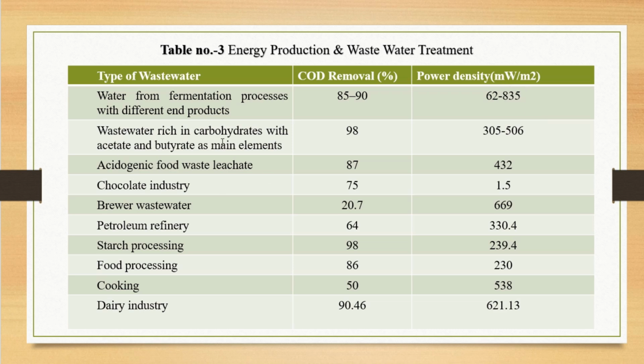Wastewater rich in carbohydrates with acetate and butyrate as main elements: the COD removal efficiency is found to be 98%, and the power density is calculated at 305 to 506. And we can see all results are calculated as following.